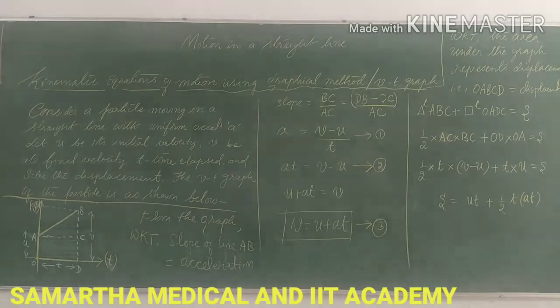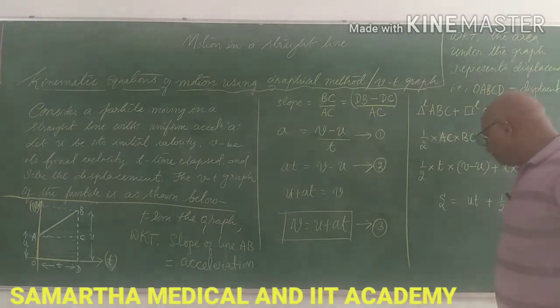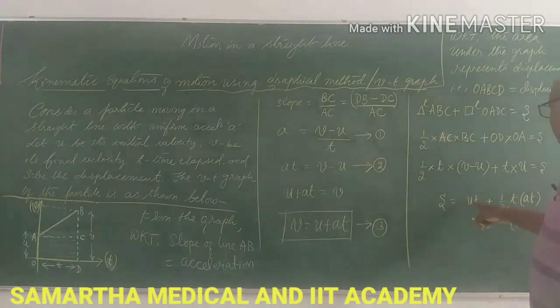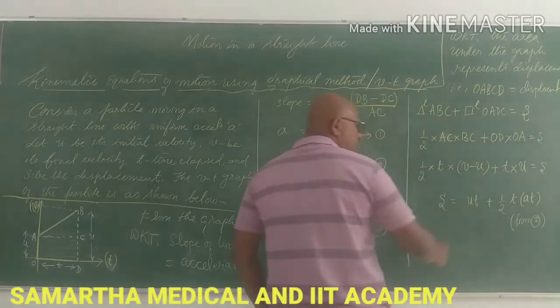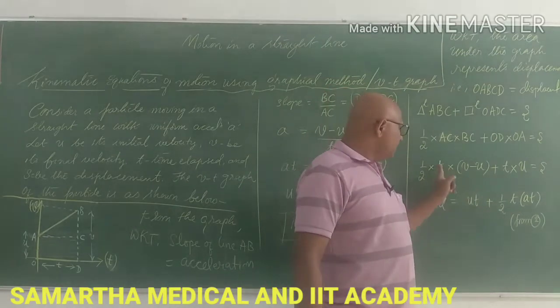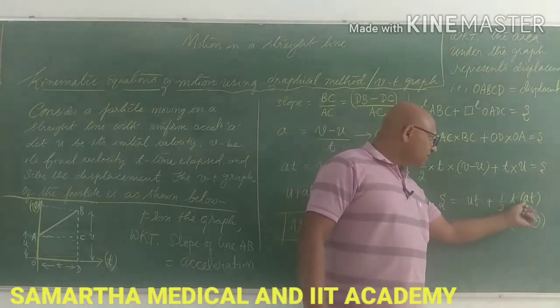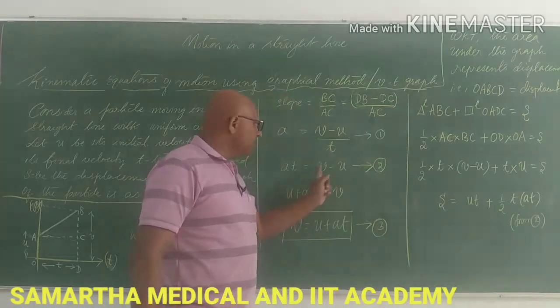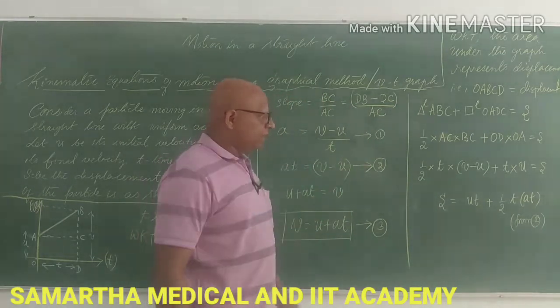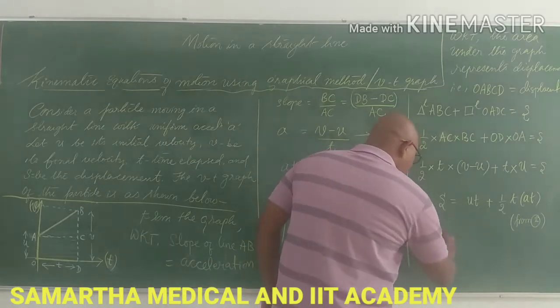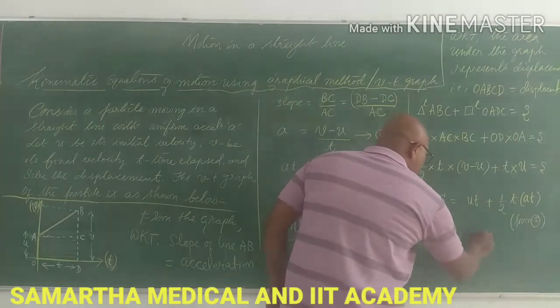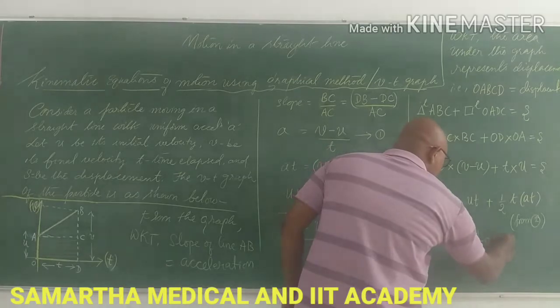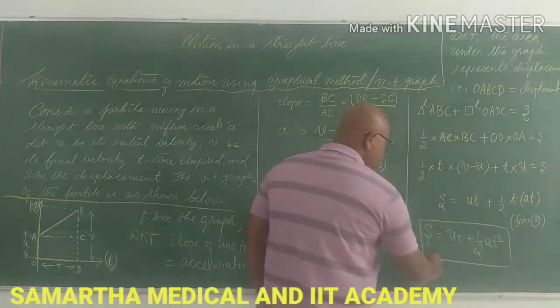From equation number 2, you can write that S is equal to UT plus half into T into V minus U. In the place of V minus U, AT can be written. Now it becomes S is equal to UT plus half AT square. So the final expression is obtained.